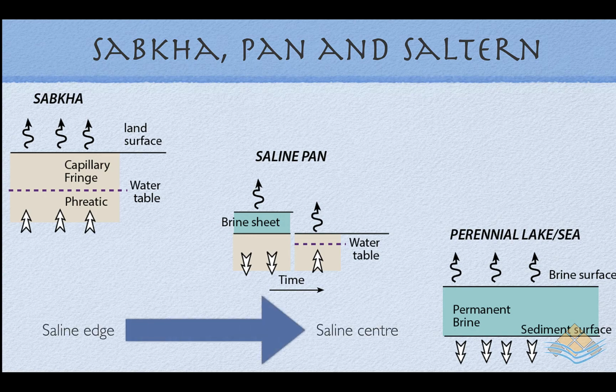The sabkha tends to be what we can think of as a saline edge hydrology, passing into the saline pan, which is characterized by the coming and the going of thin brine sheets, and then out into the more perennial brine-covered sump region, where we have predominantly subaqueous evaporite accumulations. And we talked about the importance of heliothermy and meromixis versus holomixis in a couple of earlier modules.